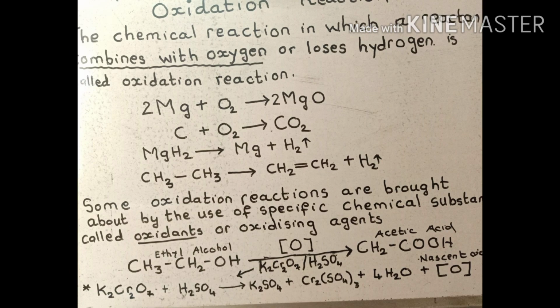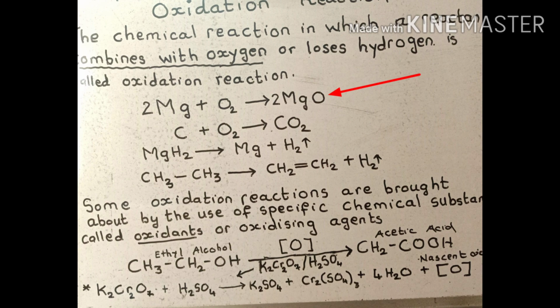So before we take up some examples on oxidation, let us define the oxidation reaction once again. The chemical reaction in which a reactant combines with oxygen or loses hydrogen is called an oxidation reaction. You can see the first example. If you burn a magnesium ribbon in air, it combines with oxygen to give magnesium oxide.